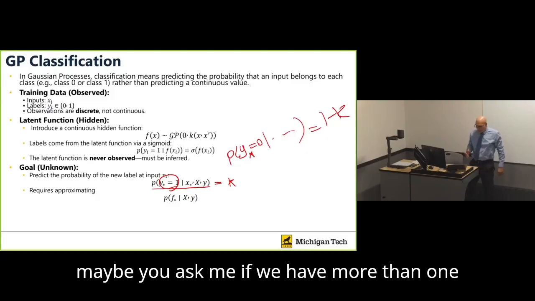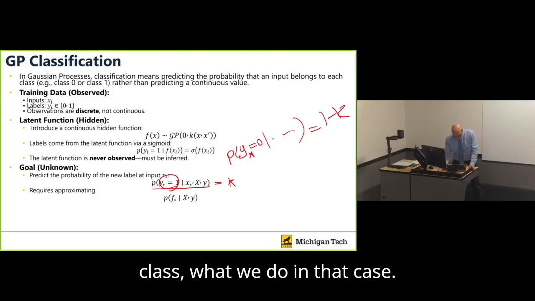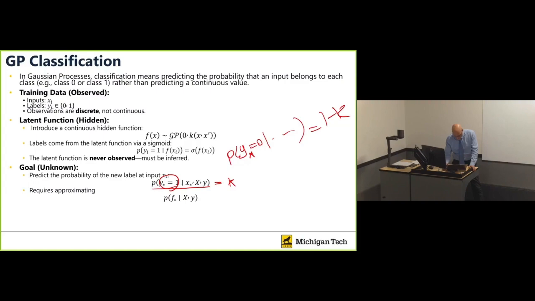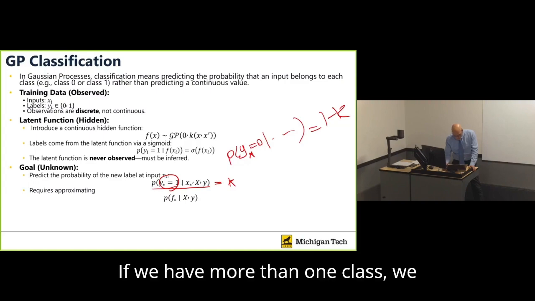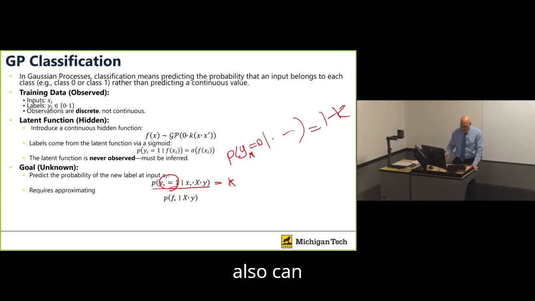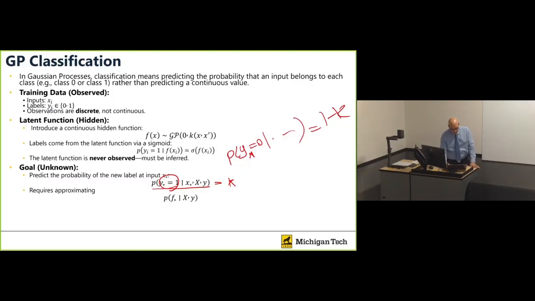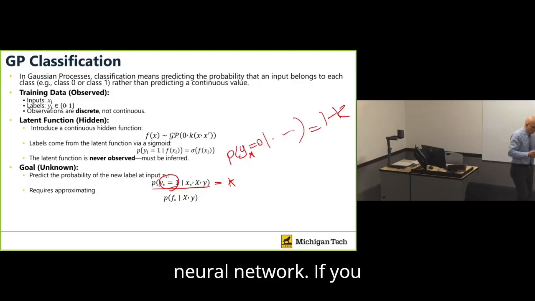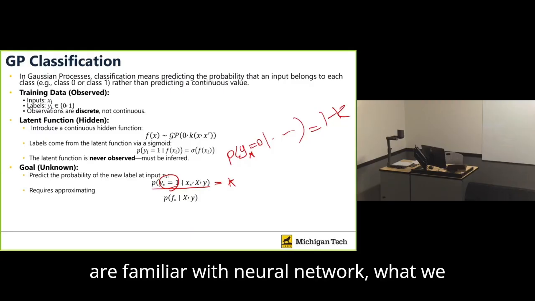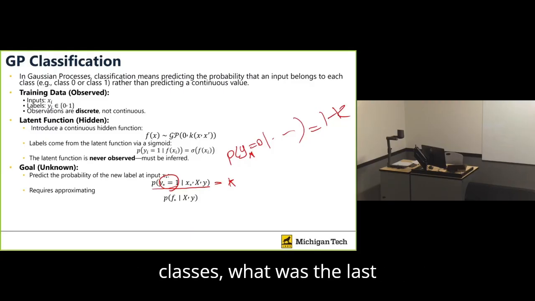Or maybe you ask me, if we have more than one class, what do we do in that case? If we have more than one class, we can also use the same way that we were doing in neural networks. If you are familiar with neural networks, what were we doing if we had more than 2 classes?